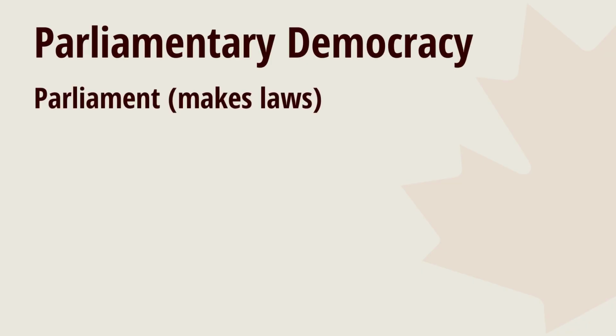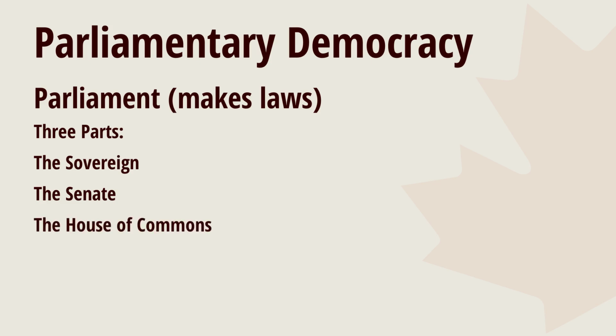I need to just take a minute here to explain the difference between the words parliament and government, because they're not the same thing. Parliament is the legislative or law-making part of a government, and it has three parts: the sovereign, the Senate, and the House of Commons.